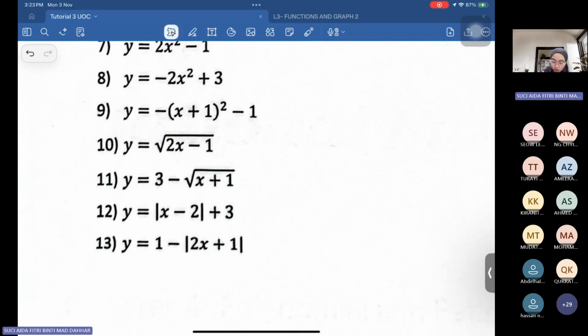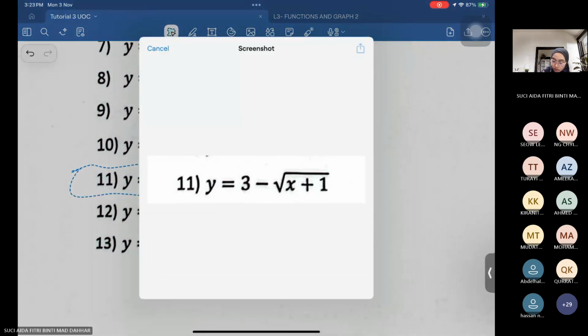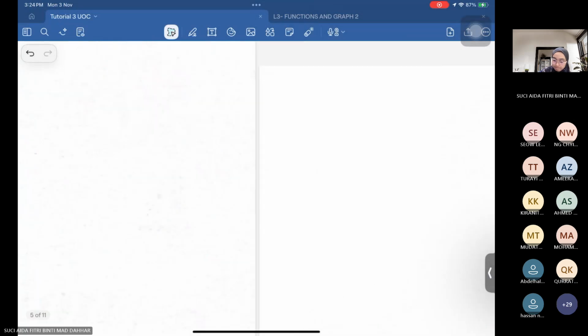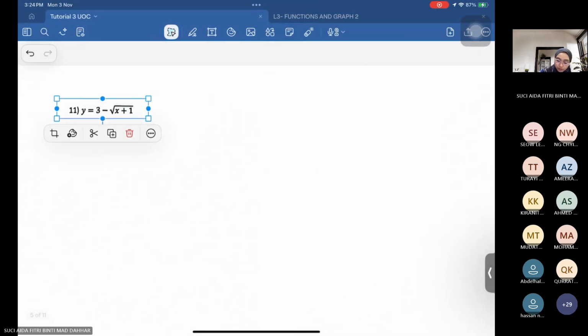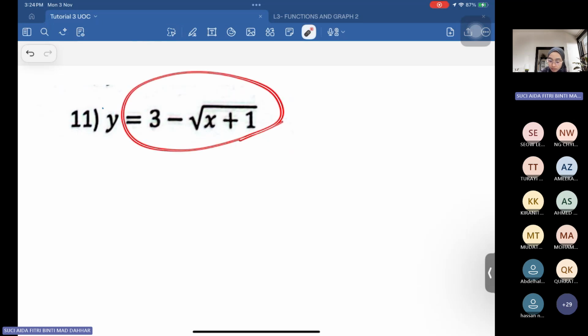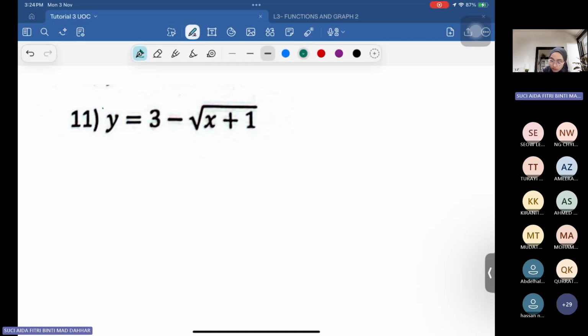11. 3 more. If we complete this, then okay, this one, I prefer to write them in the correct order. We are supposed to add or subtract the constant at the back, right?